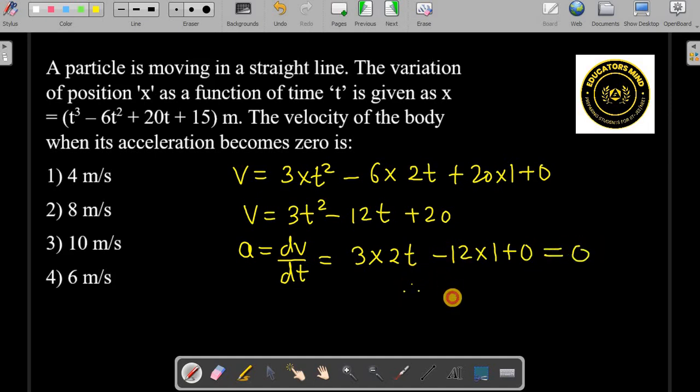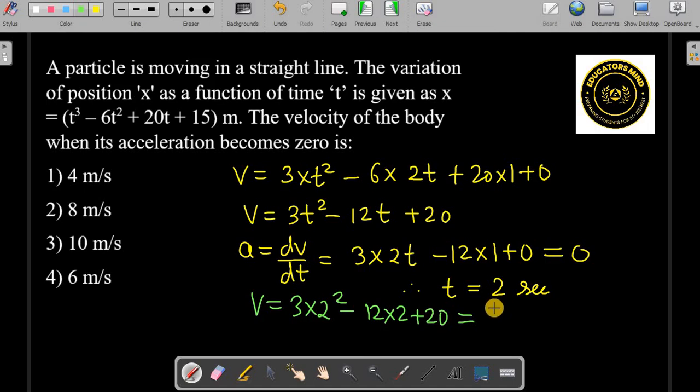So from here t comes as 12 by 6, 2 seconds, correct? Once you get this, you substitute in velocity. So velocity you substitute: 3 into 2 square minus 12 into 2 plus 20. How much does it come to? This is 12, right? 12 minus 24 plus 20.